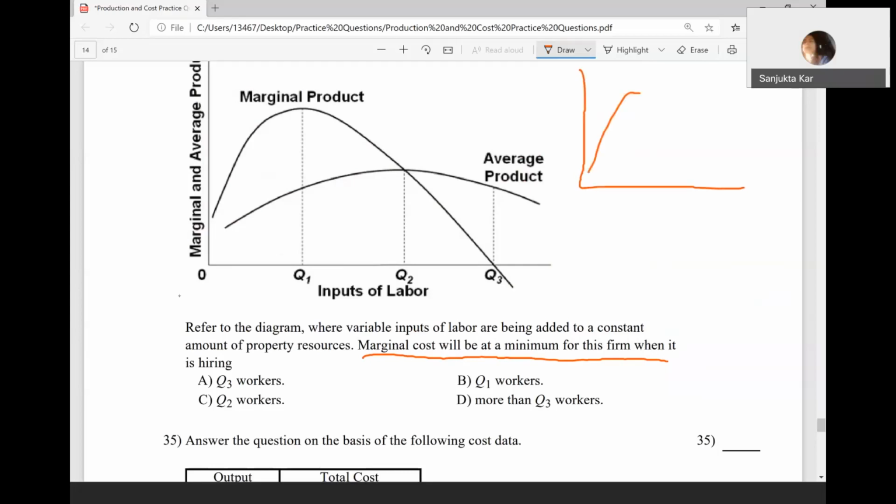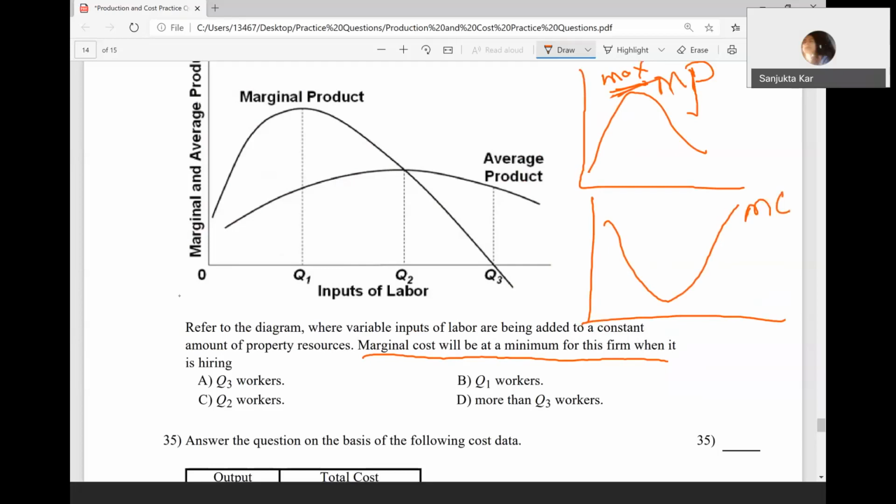Whenever marginal product is at its maximum point, marginal cost will be at its lowest point. So here the marginal product is at its highest point at Q1, and so marginal cost will be at its lowest point at Q1 workers.